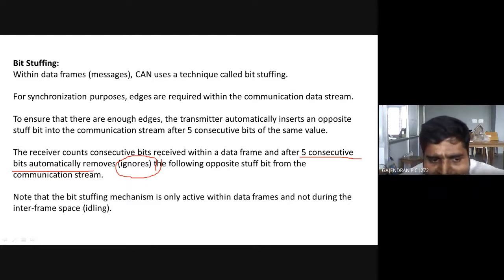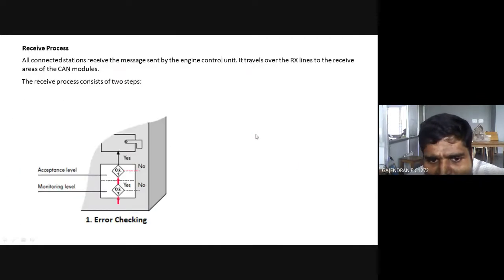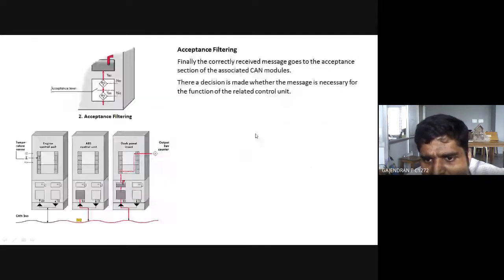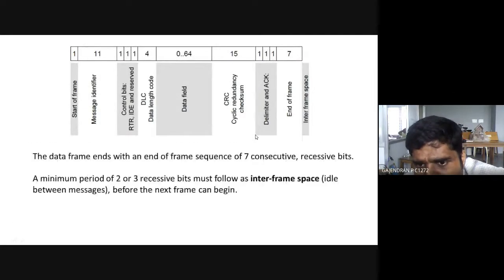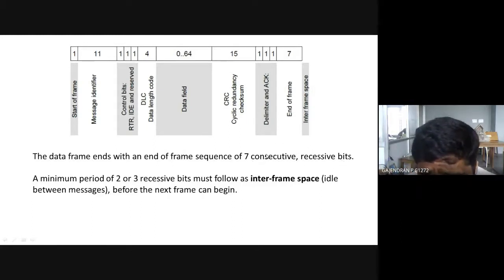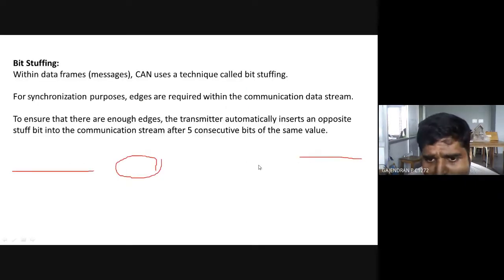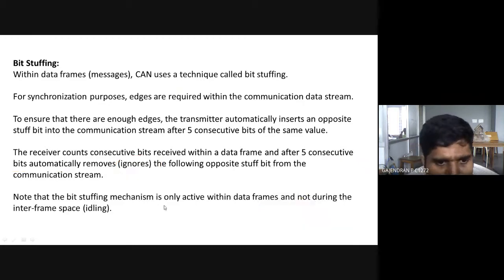Then what is the keyword we need to remember here? We discussed that the frame has 7 consecutive recessive bits. Do we do some bit stuffing over here? No, we should not. That is the last, they say, it is not possible.